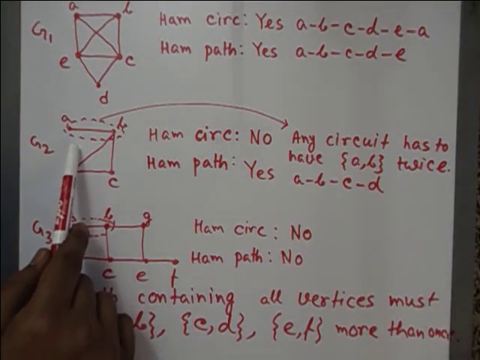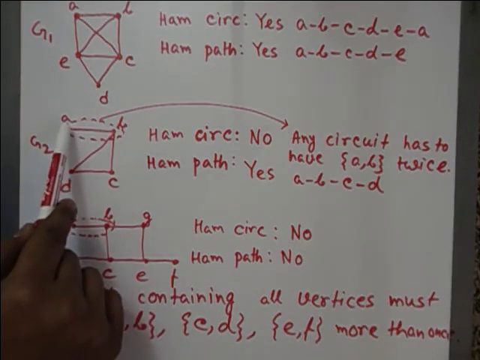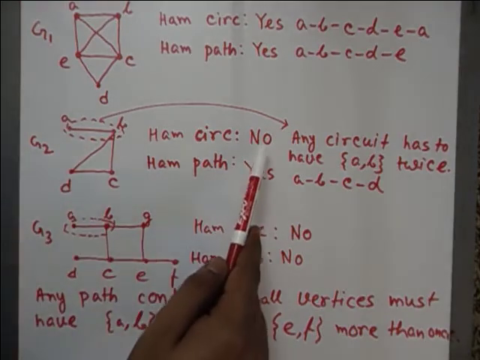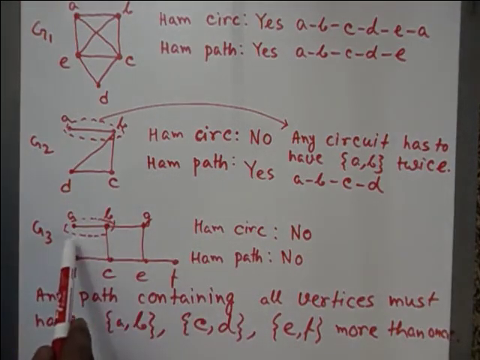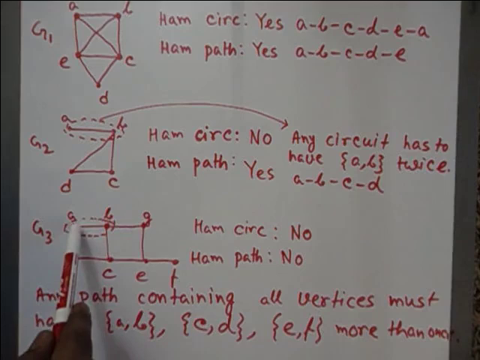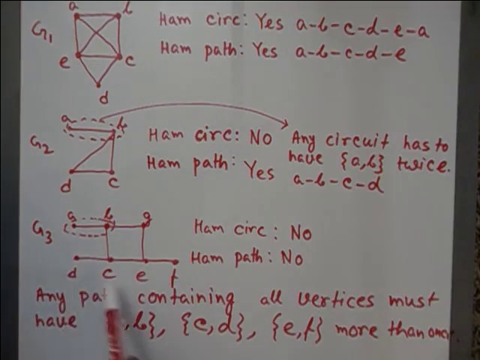Look at the example G2. This graph has this vertex A with degree 1. That's why no Hamilton circuit. This graph G3 has a vertex A, a vertex D and also F with degree 1. That's why no Hamilton circuit.